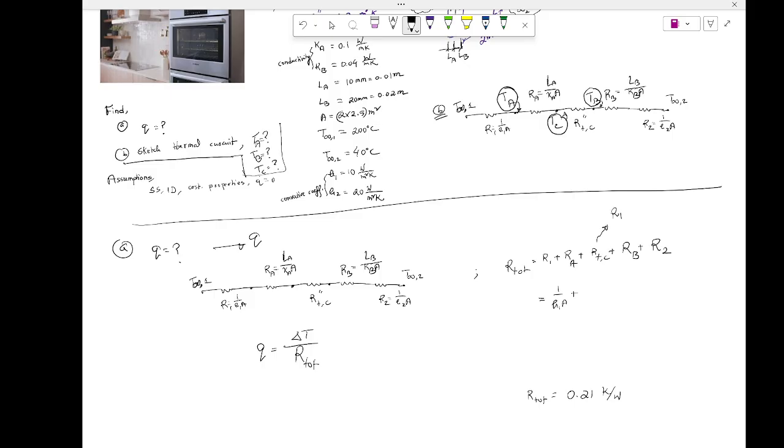RTC is R double prime TC divided by A. Are you dividing this by A? Yeah, that's my fault. I didn't teach you yet, but I did imply it. Remember per unit area? I was making a big point about it, right? That's the equation you might want to use. You want to divide it by A.